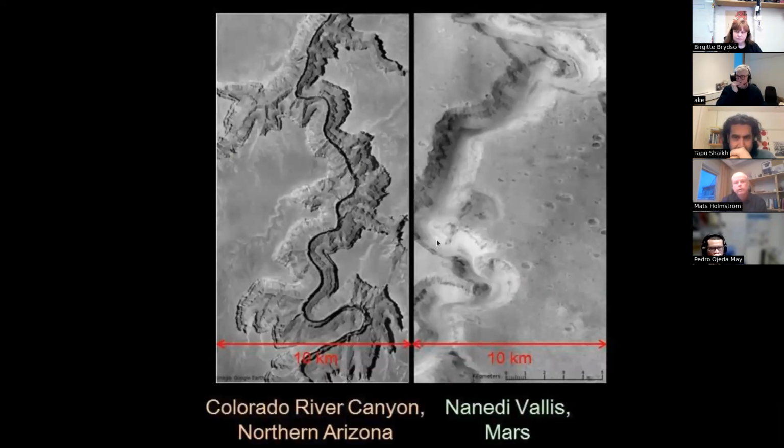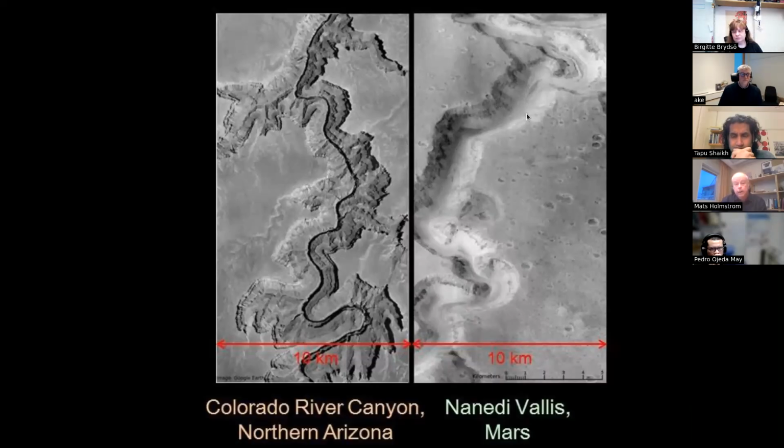But after further studying and taking images of the planet, it was found out that to the right here you can see these valleys that we find on Mars. And they are very similar to what we can find on Earth, like close to the Grand Canyon. So from this, we are quite certain that once there was a lot of water on Mars.